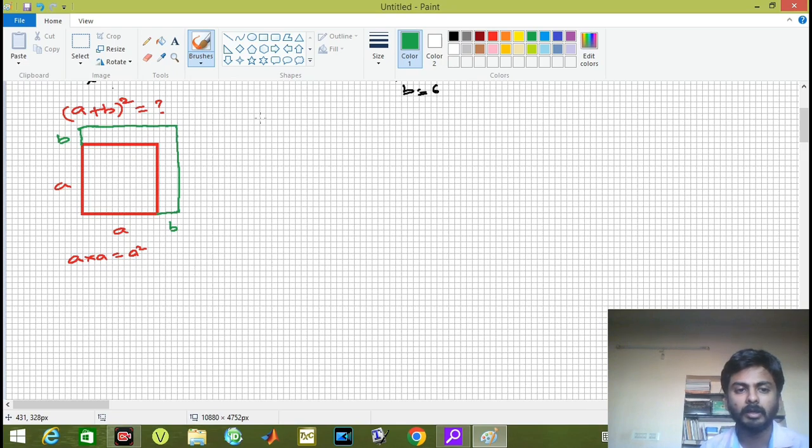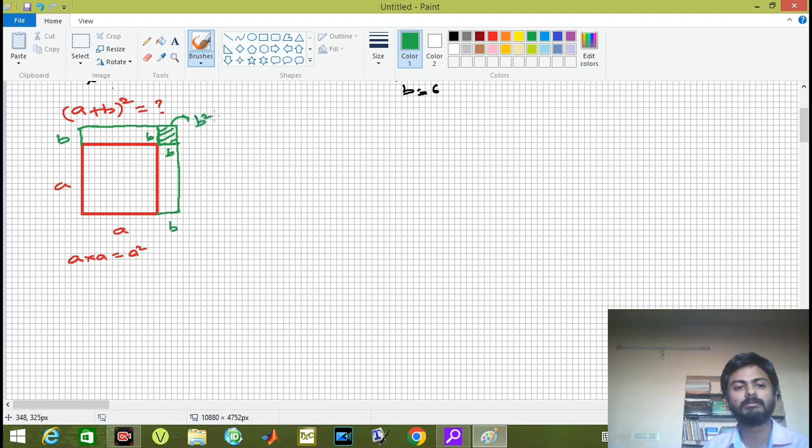You can see here a box which has equal sides, length B and breadth B. This is a square and is called B square.